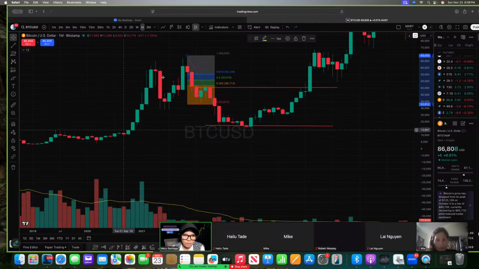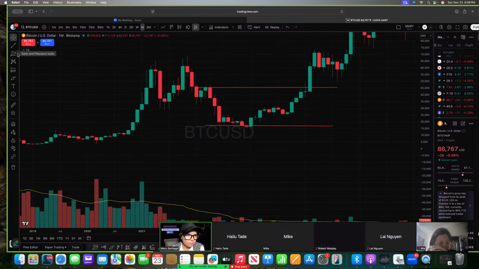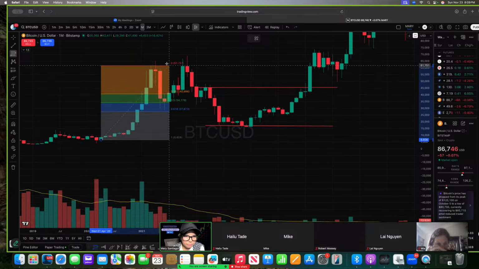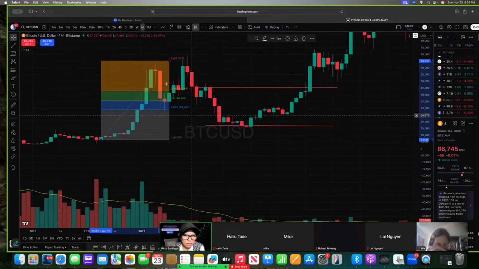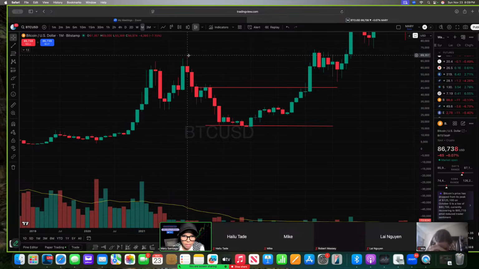So for the uptrend, you start from the bottom to the top, right? But if you're measuring the pullback of the downtrend, you start from the top to the bottom.